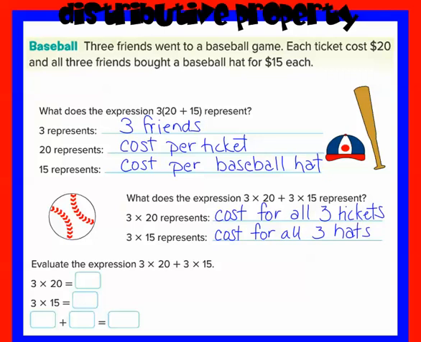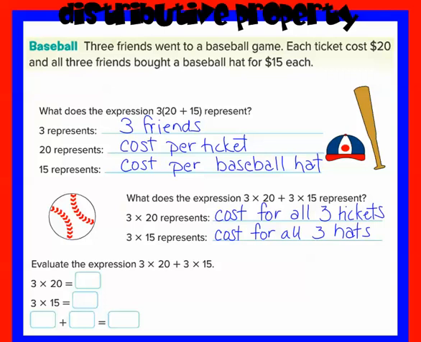So let's take a look at how we would evaluate that expression, how we would simplify it by doing all the operations that we can do. With order of operations, we're going to do the multiplication first, and then we'll add those products together. So if we look at the 3 times 20, remember that was the cost for 3 tickets.